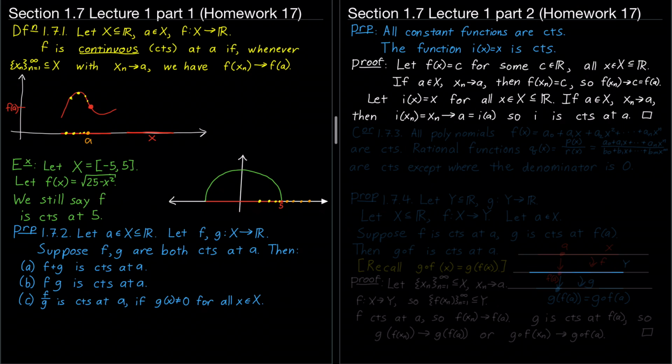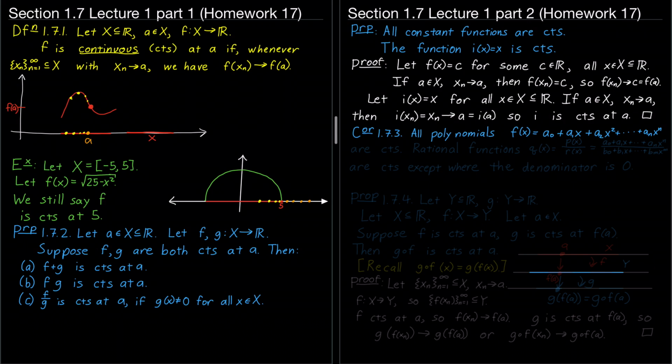And then we can put this together with the proposition 1.7.2 and get a corollary. And that's that all polynomials, which, remember, are functions you can write as f of x is a constant, and then a constant times x, and then a constant times x squared, up to the nth power. Well, the function f of x equals x is continuous.